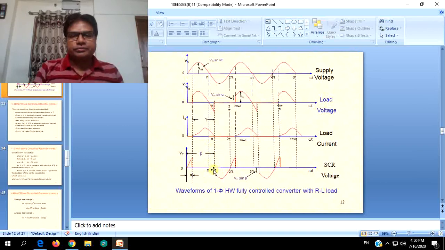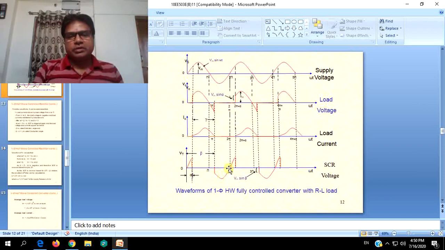That is angle beta, the extinction angle. Extinction angle is the angle at which the current through the load and SCR becomes 0. Until then the voltage will be 0. At that moment reverse voltage will appear across the SCR.